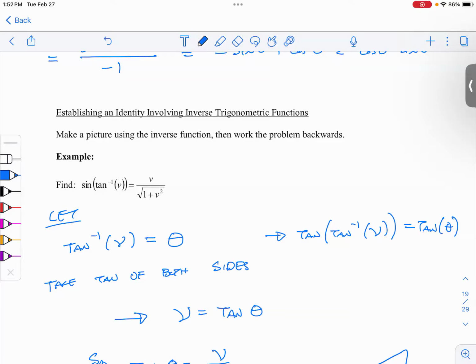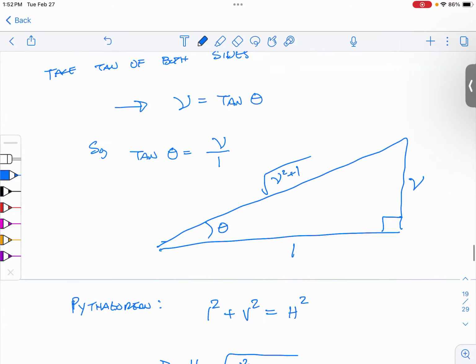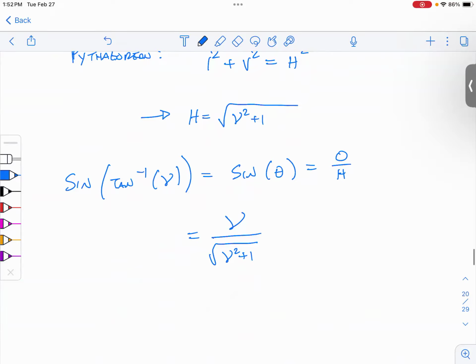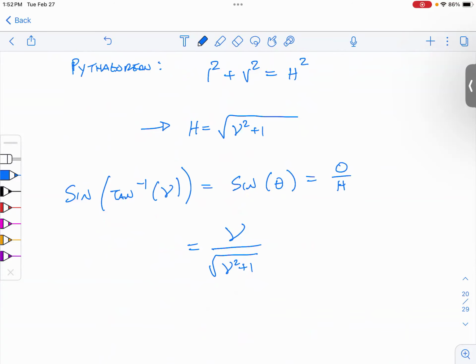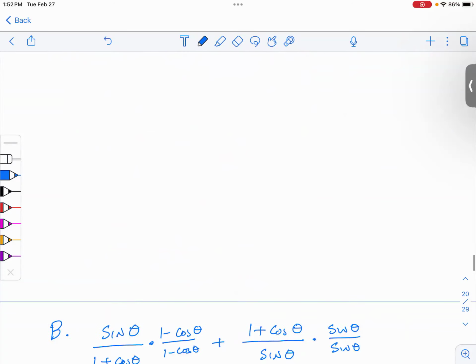So start with the side with the inverse, and then set that equal to the other side. But this is the big use of inverses: in reverse, you're told something, and you can identify the triangle from an inverse. We okay there?